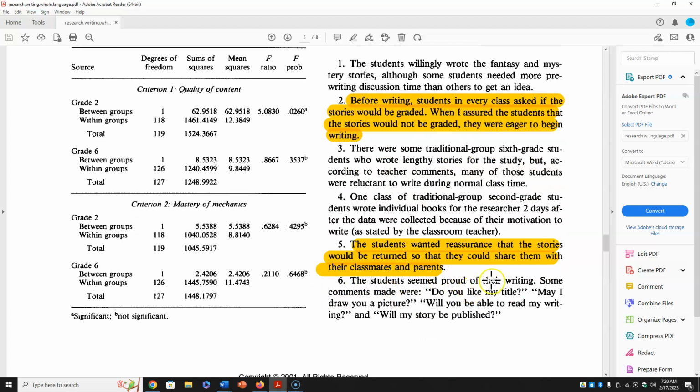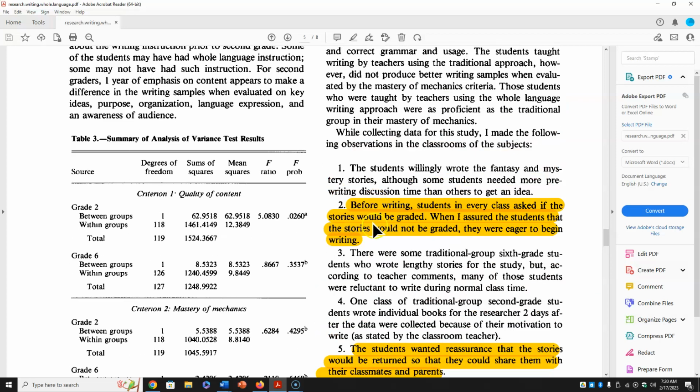The students wanted reassurance that the stories would be returned so that they could share them with their classmates and parents. All right, this tells us something interesting.